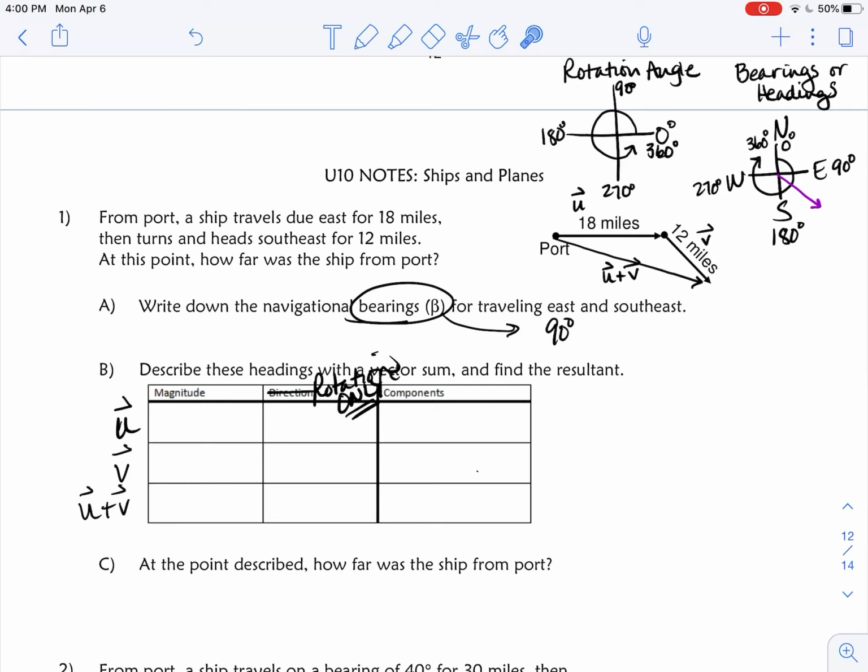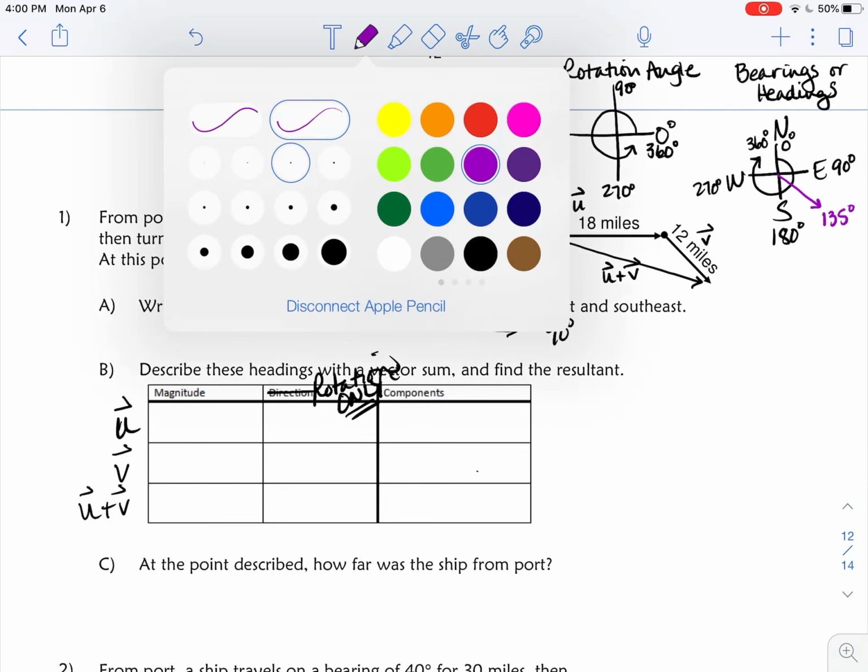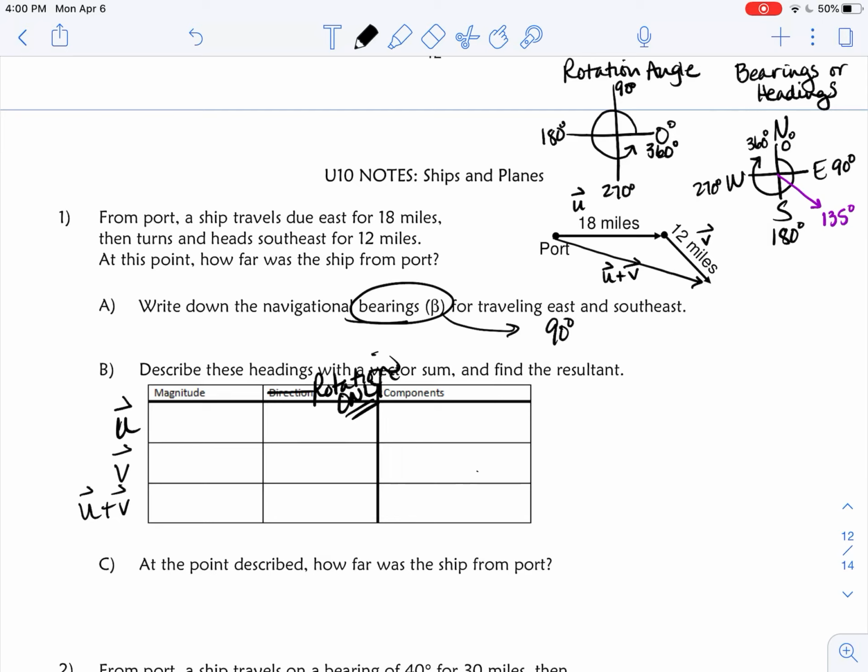So if 90 degrees is directly east, I need the value that is exactly between 90 and 180. And just like our rotation angles, exactly between 90 and 180 is 135. So southeast will give me a bearing of 135 degrees.